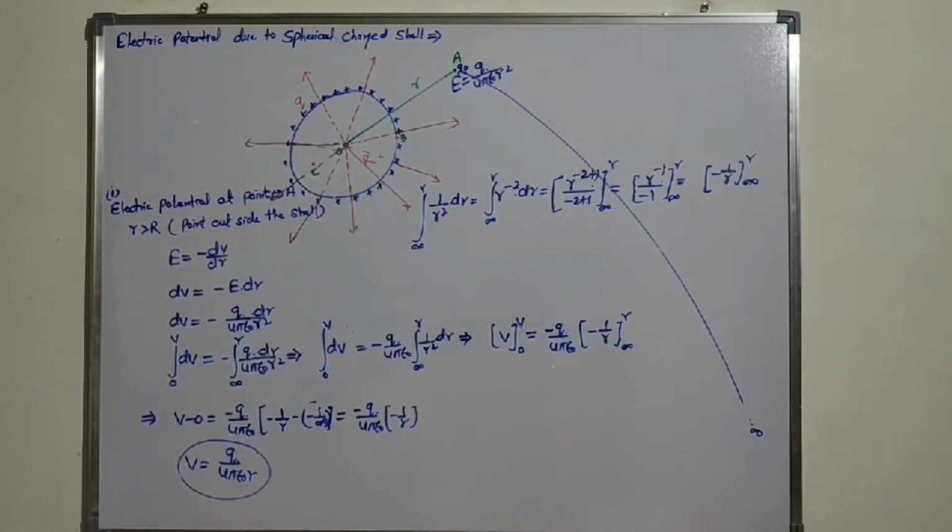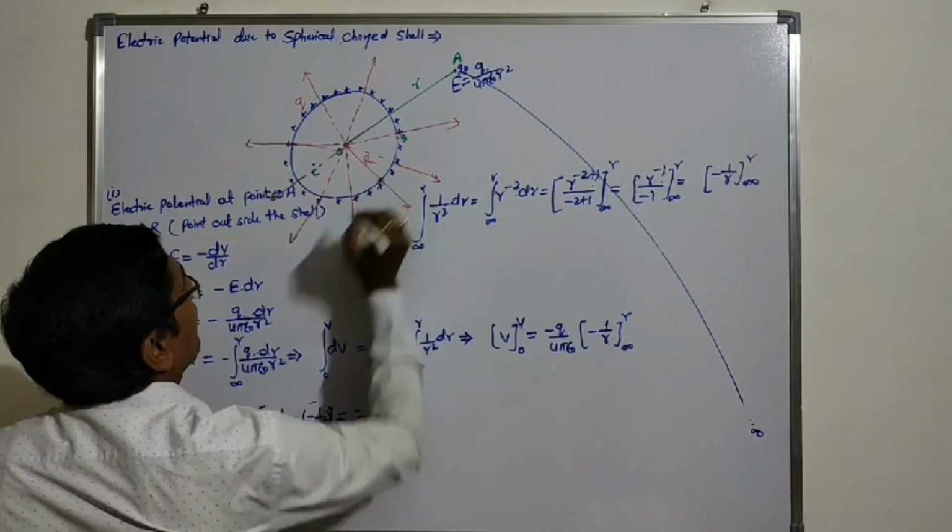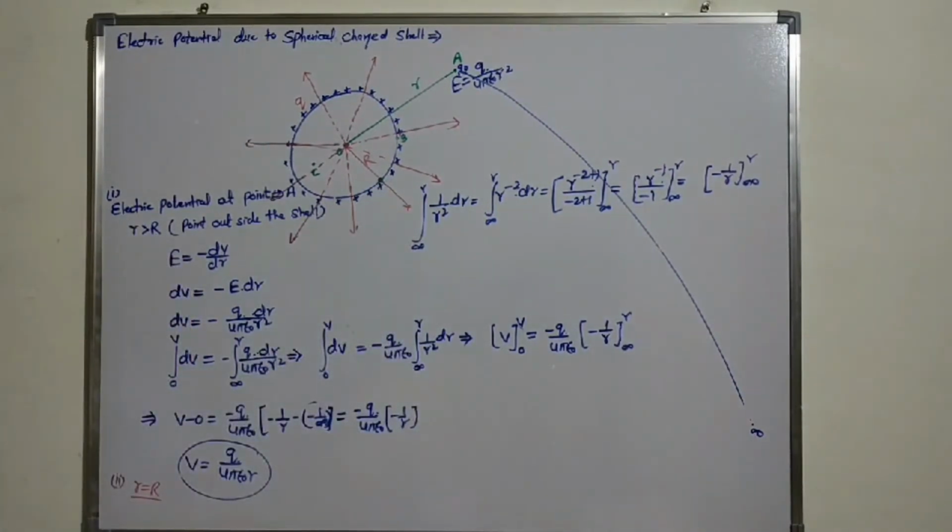Now we are moving on to the second case. The second case is when r equals R, meaning the observation point is situated at the surface of the sphere or shell.